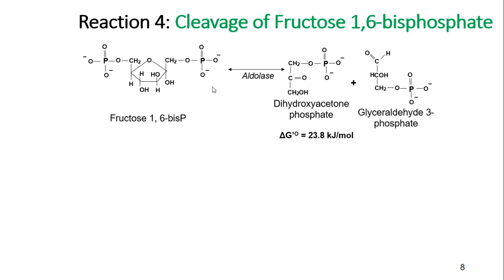So this is fructose 1,6 bisphosphate. You need to understand that this molecule will be broken down. There will be the process of cleavage, and this will lead to the formation of that one and that one, which is the dihydroxyacetone phosphate and the glyceraldehyde 3 phosphate.